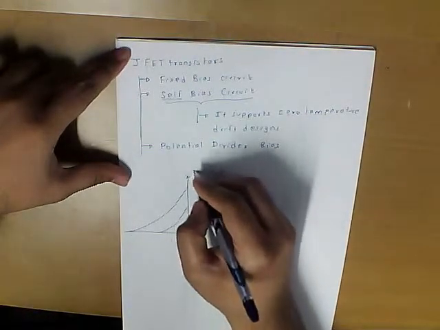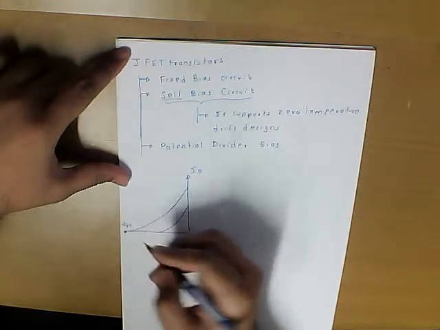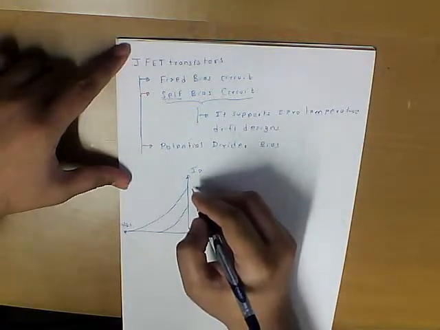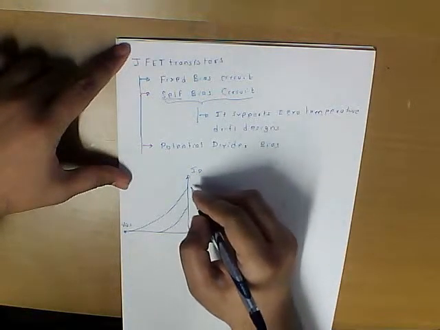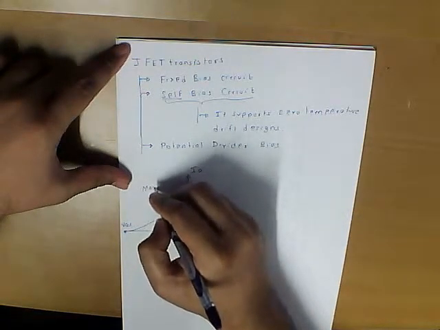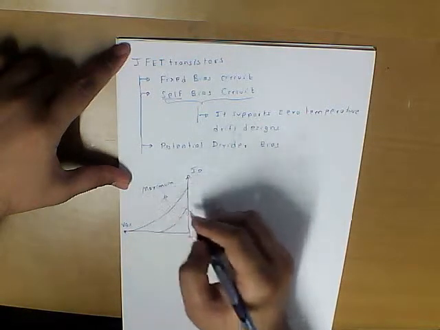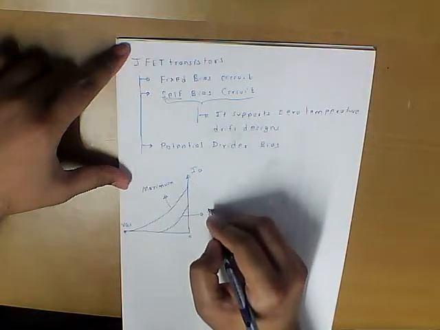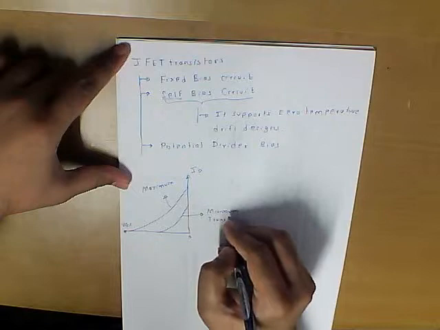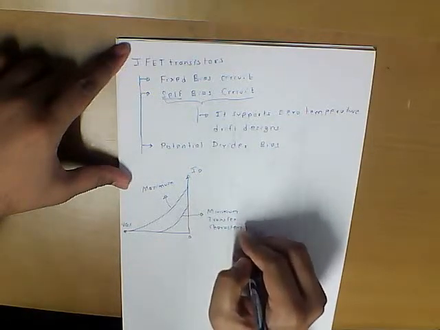So we have ID and VGS. One must note that since there are two different characteristics, one is called the maximum transfer characteristic, and this is the minimum transfer characteristic.